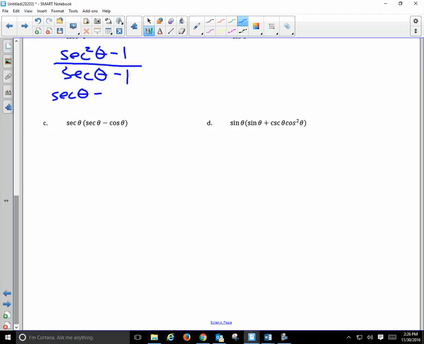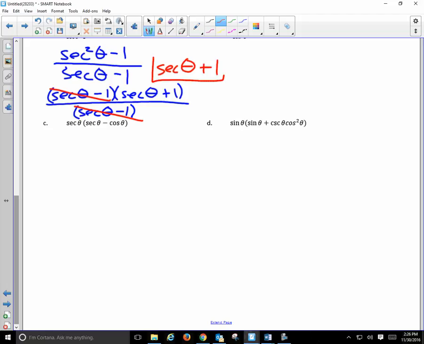Secant of theta minus 1 times secant of theta plus 1, all over secant of theta minus 1. What cancels? And so you're left with secant of theta plus 1. Kind of tricky.